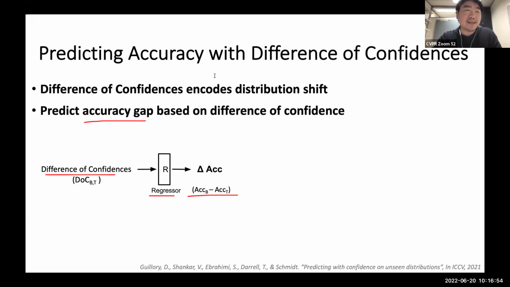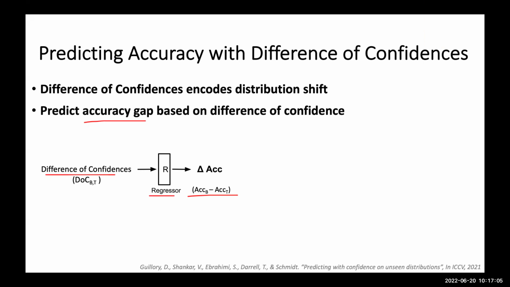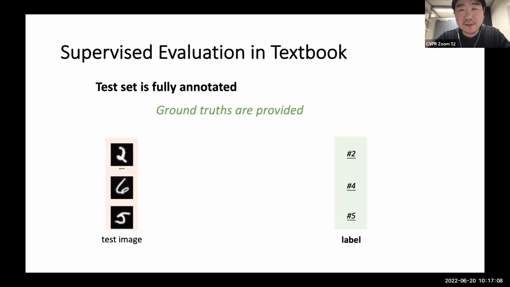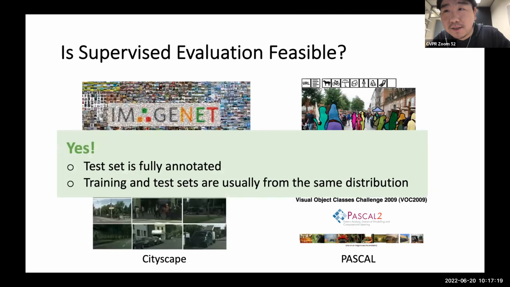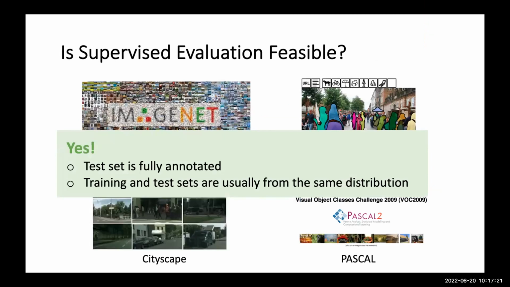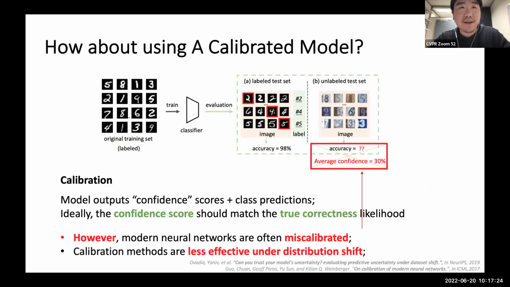Besides, as I mentioned in the beginning of my slides, if you use calibration methods for individual sample characterization, calibration is still not very useful for out of distribution data. This is still an active area of research, how to make calibration methods work for out of distribution data.